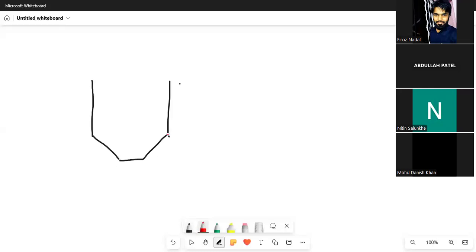If you draw a line from this edge, and this is your horizontal surface, and this angle is 90 plus phi by 2. I will tell you what phi is. If you draw the straight line with respect to this angle, and that line touches the horizontal surface, this is known as a bunker.